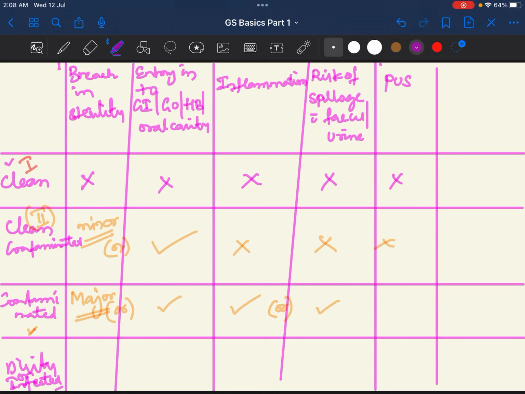This contaminated wound is categorized as class 3. And remember, in a contaminated wound there is no pus.